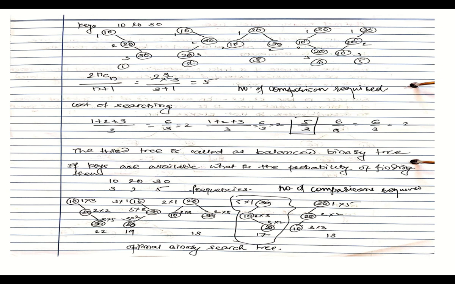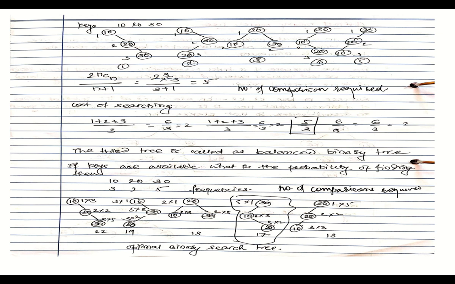Now how many trees are possible? If I consider 10, 20 and 30 as different roots, then how many combinations can be available for each one of them? For 10 I have two combinations, for 20 I have only one combination, and for 30 I have two different combinations.